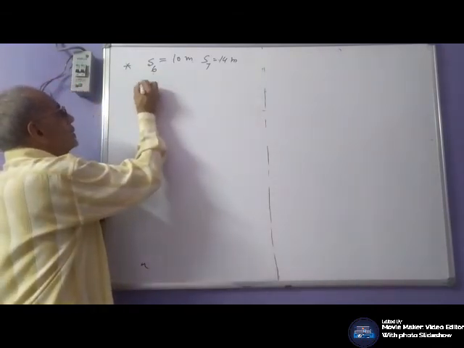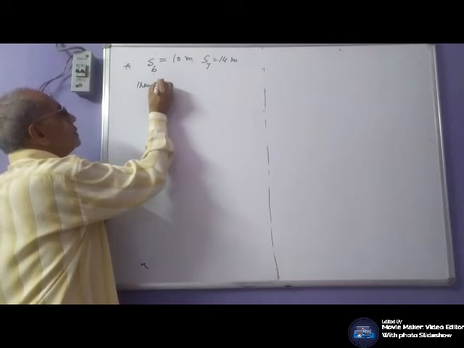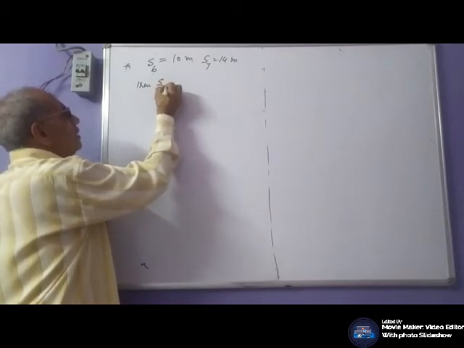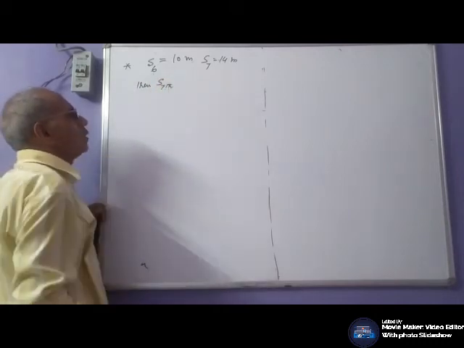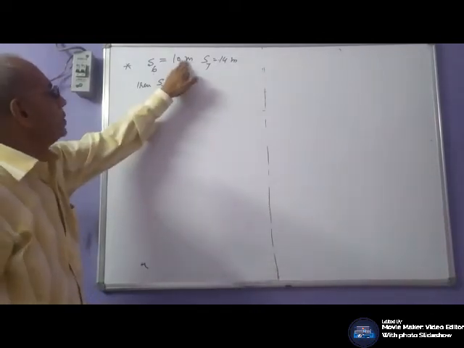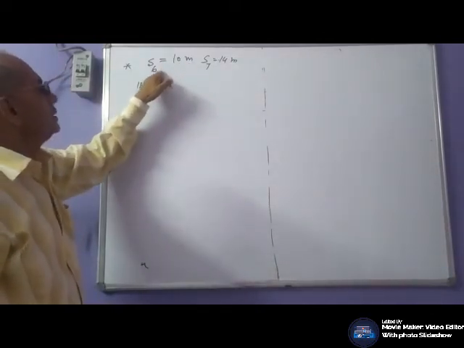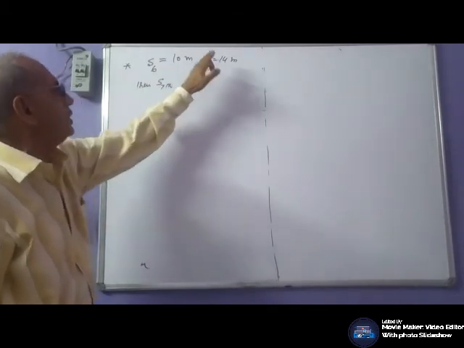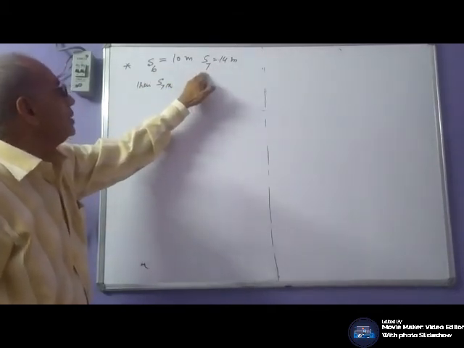Then distance traveled in 7th second only, that will be 4 meter. 10 meter in 6 seconds, 14 meter in 7 seconds.